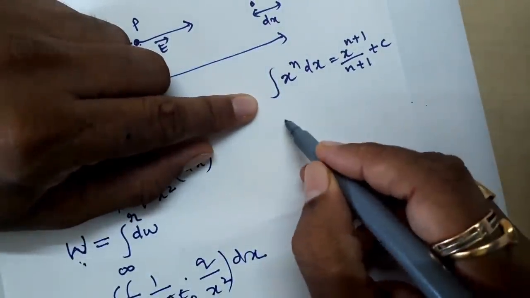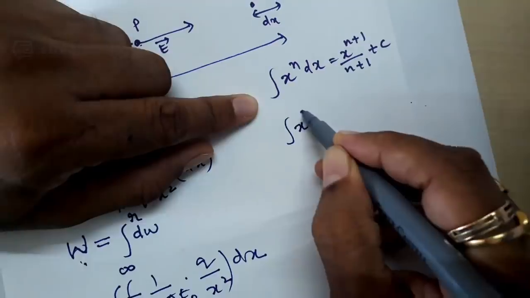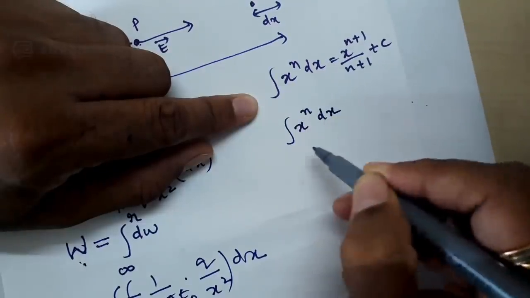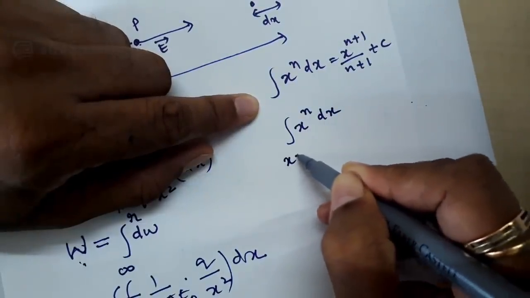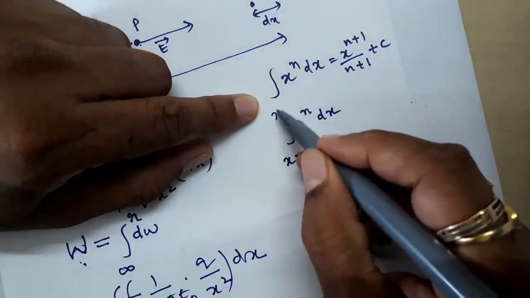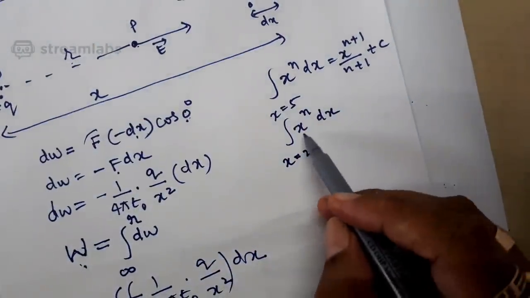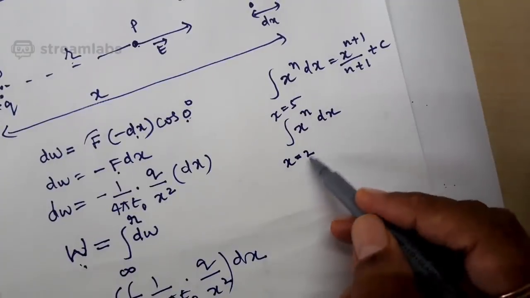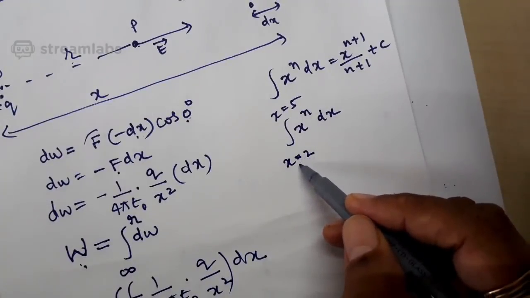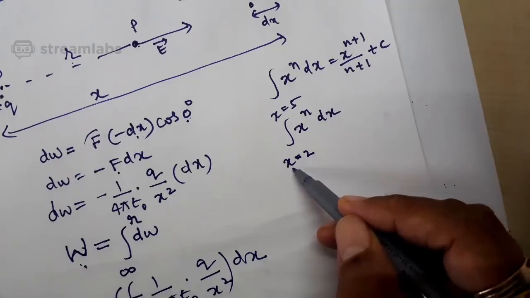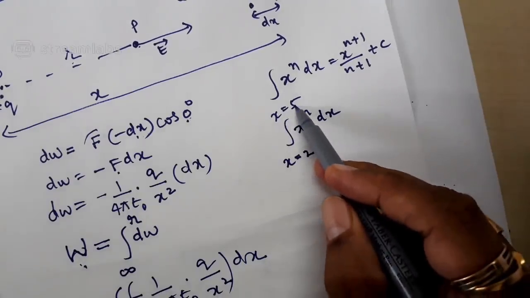There are no limit values. I am recalling things which you already studied last year. Concentrate. Suppose I come across this example, integration of x to the power n dx within the limits x is equal to 2 to x is equal to 5.